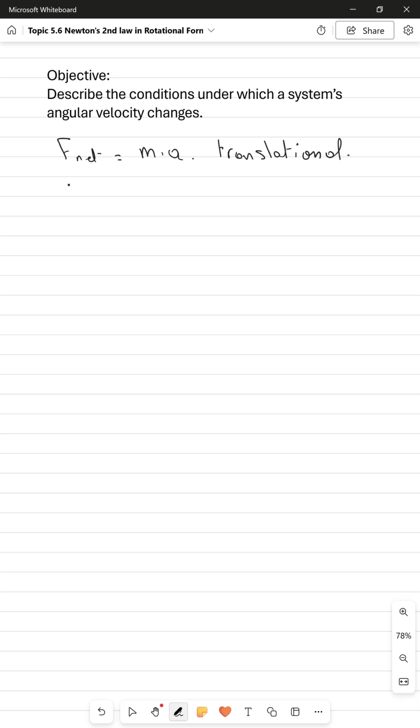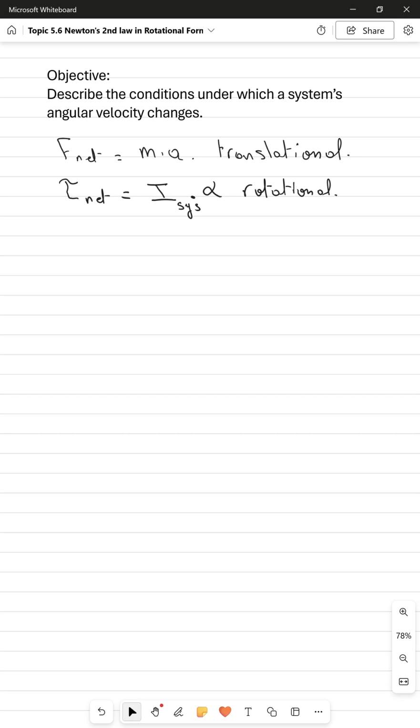Now for rotational, the net torque is equal to I of the system multiplied by alpha, which is the angular acceleration. So that's for rotational.